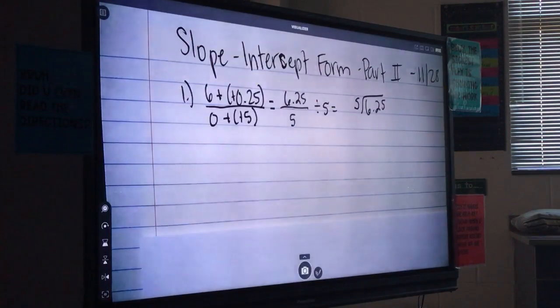Yes, I'm giving you a calculator because I don't want you to focus on the math, I want you to focus on the process. So stand up when you have your slope.